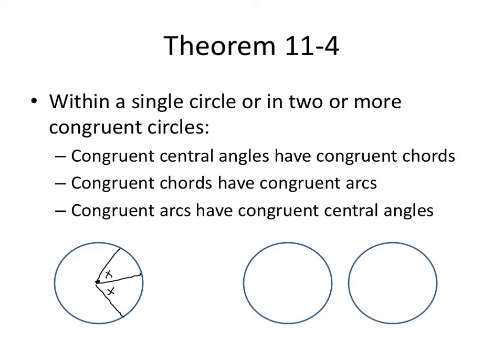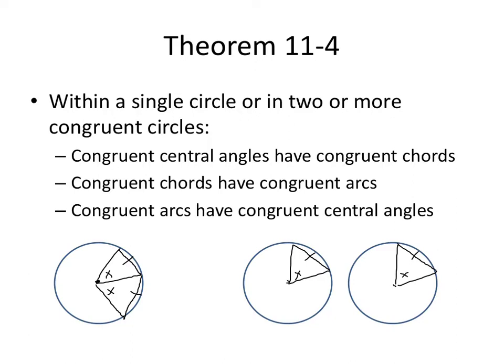Central angles have congruent chords. That means that the lines that connect these two, since the angles are congruent, the chords will be congruent to each other. Okay? If you saw that in two circles, it would just look like this. So this chord will be congruent to that chord. Okay?